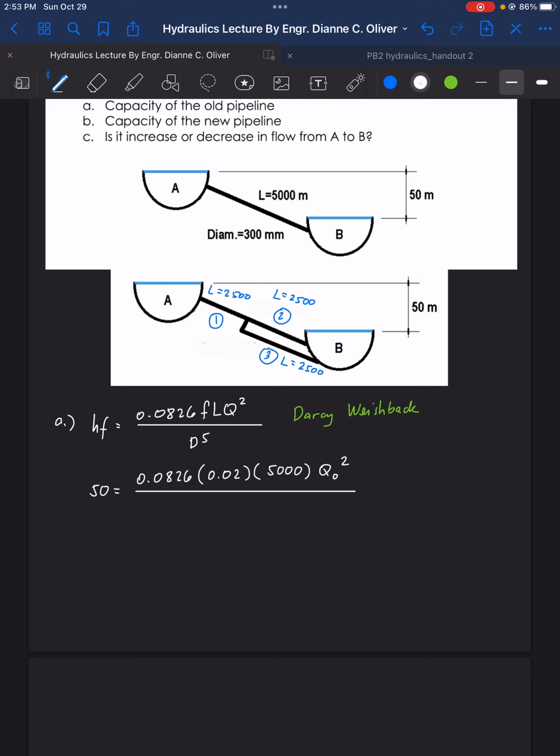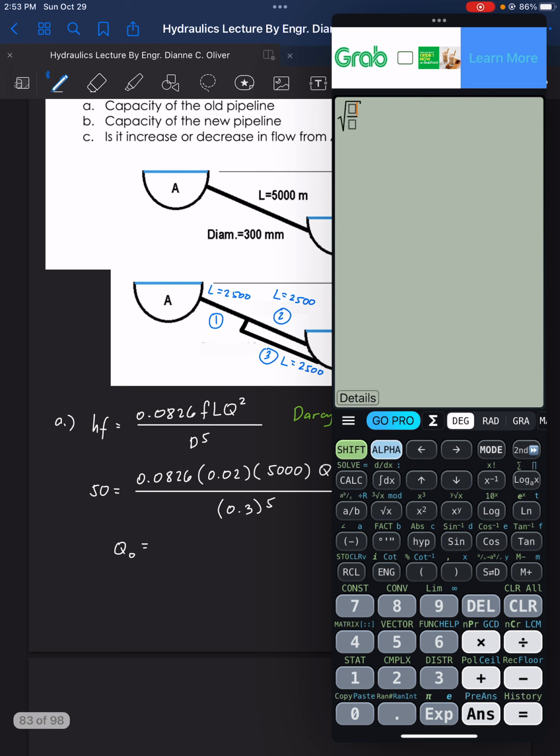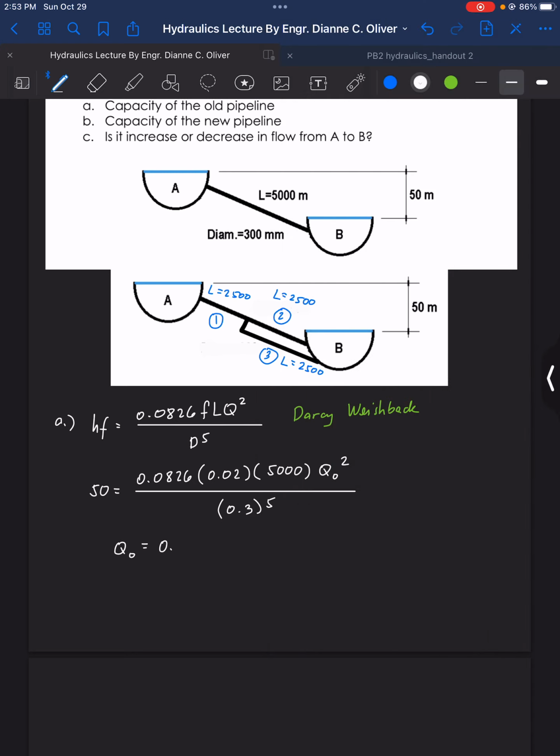The diameter here is 300 raised to 5. So Q of the old one is equal to 0.121 cubic meter per second. So that's for letter A.